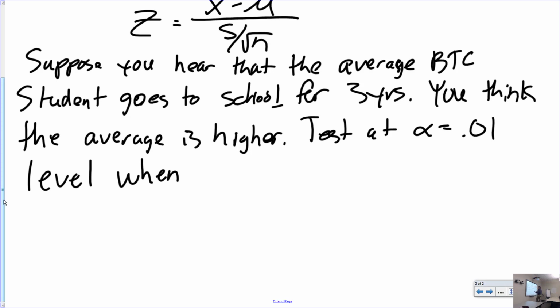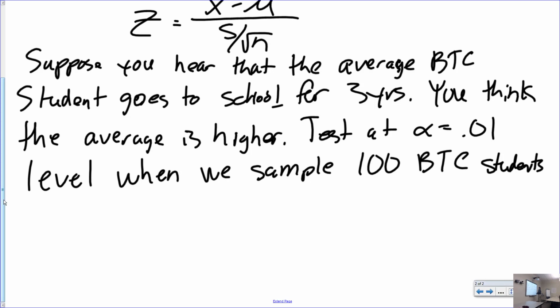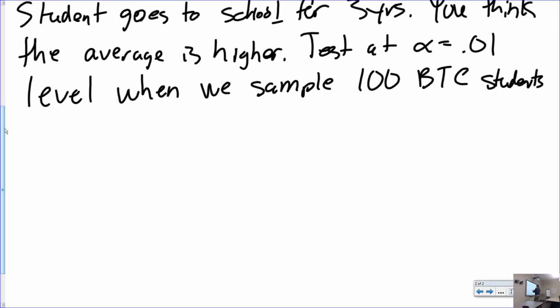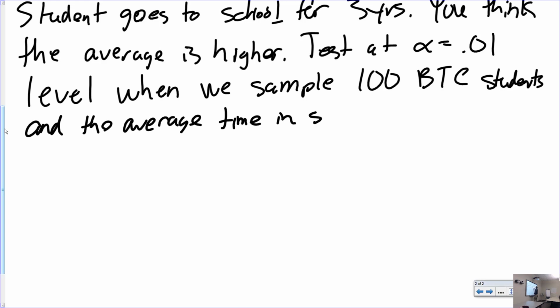When we sample 100 BTC students, the average time in school is 3.1 years. Number of years they're in school. The average. So I asked 100 people, right?